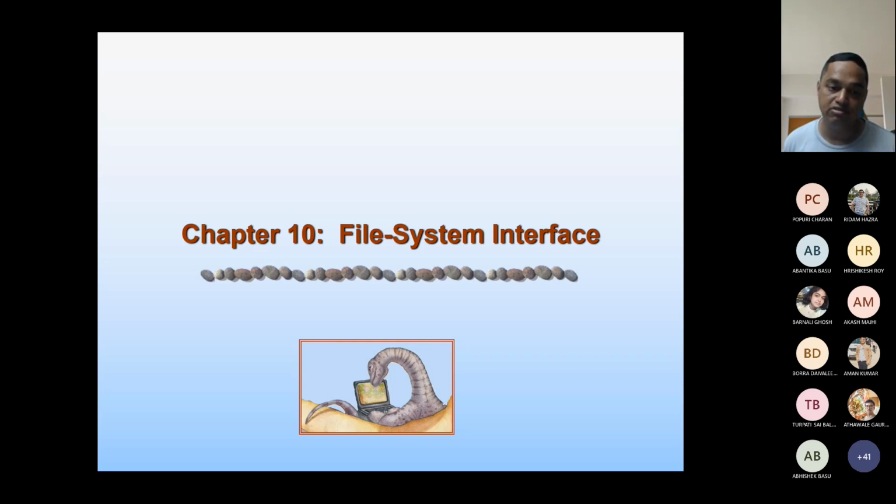It can be a .txt file, a .doc file, a .py file, a Python file, a .java file, a .c file. Depending on the requirement you have to create your file, or depending on the application where you are using your file, that file extension will be created, and you have to store it in a proper directory.